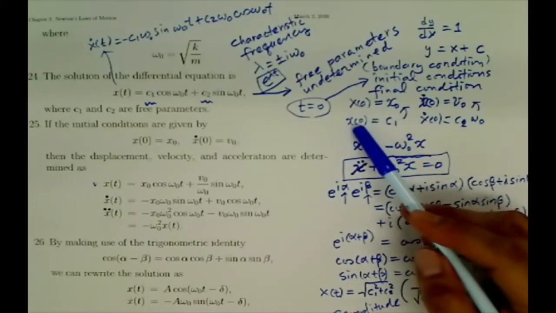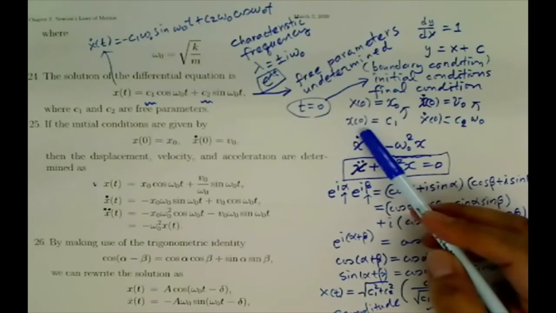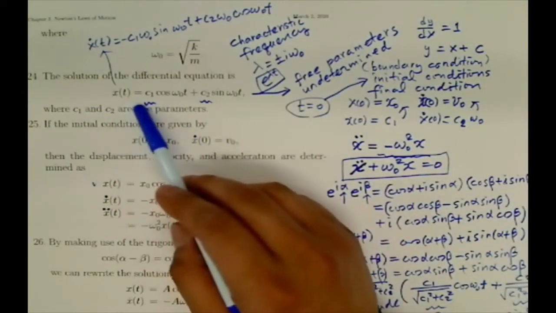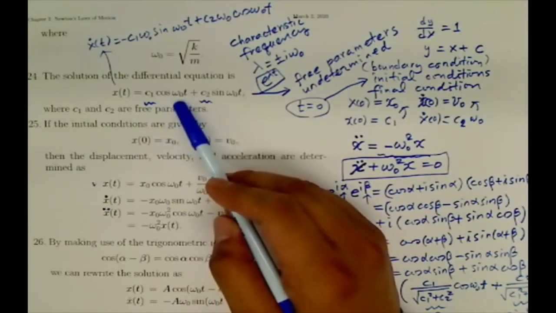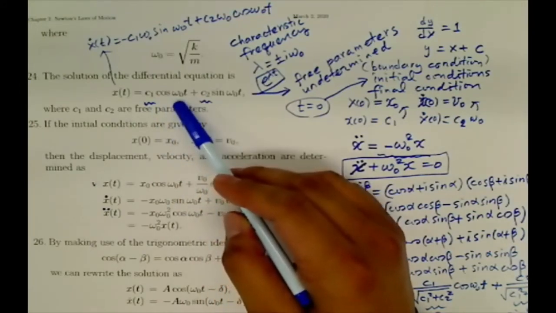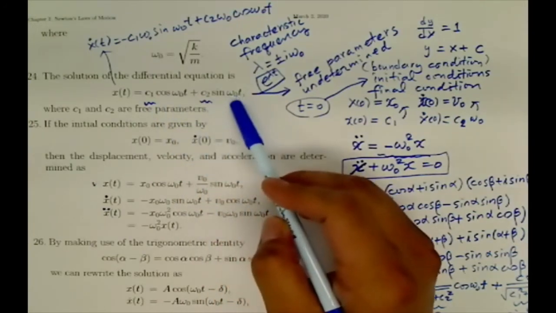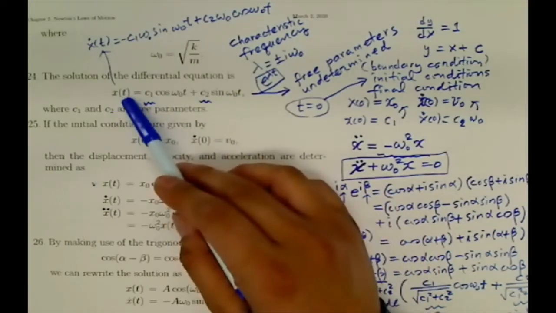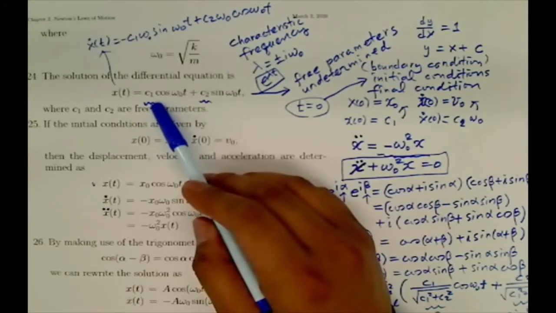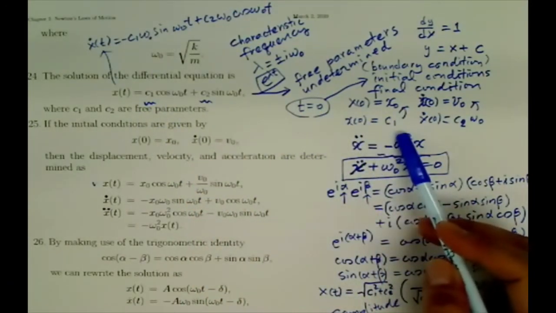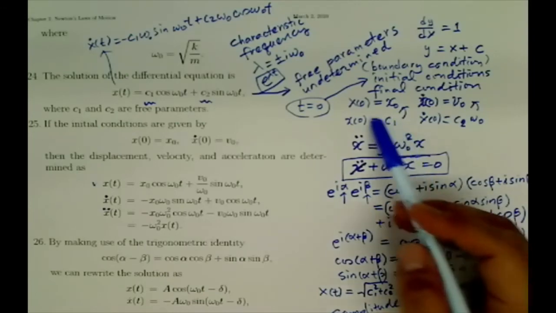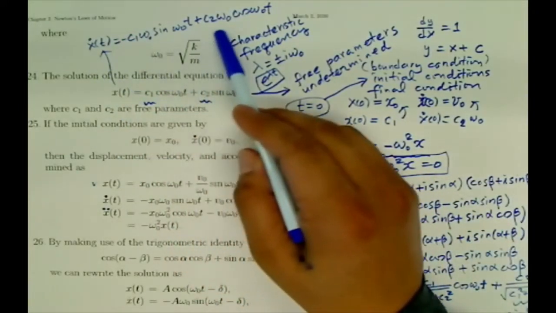First, substitute t equals 0 into our general solution. If I substitute t equals 0, cosine becomes 1 and sine becomes 0. Therefore, x of 0 is exactly the same as C1. If I take the time derivative, we obtain this.